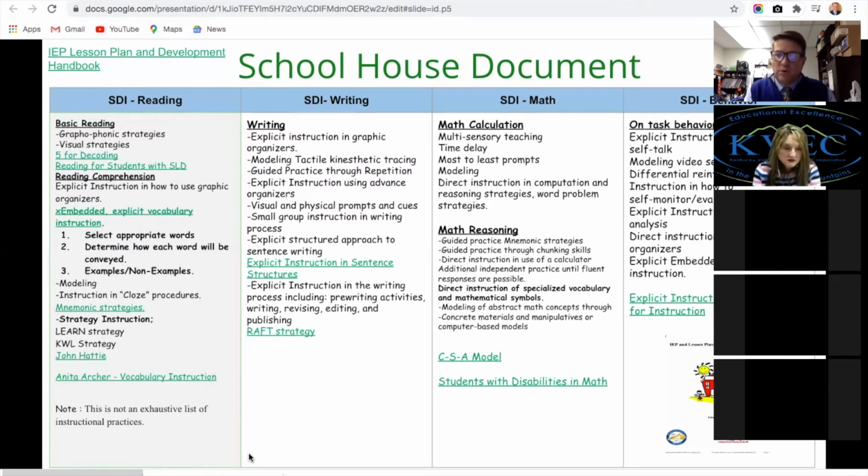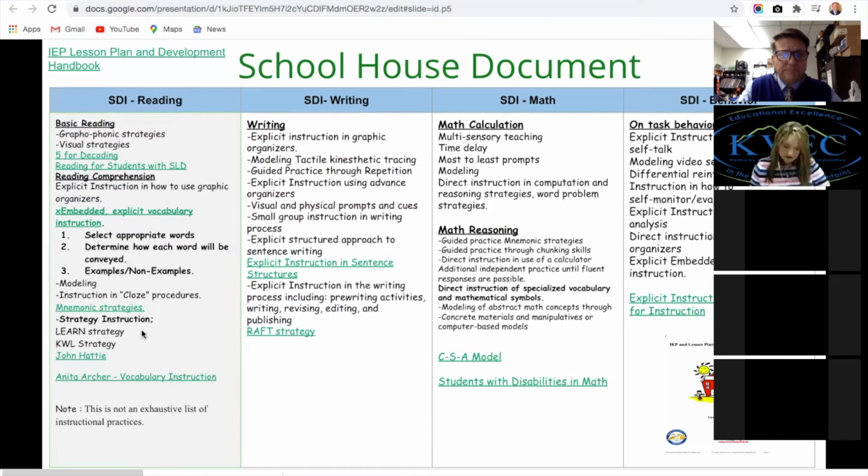When you talk about those needs in the present level, you're supposed to address them somehow throughout the rest of the IEP. If you're going to write a goal from that need, there needs to be some numerical, quantitative information along with it.